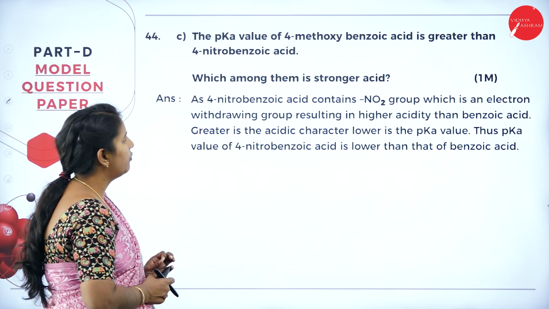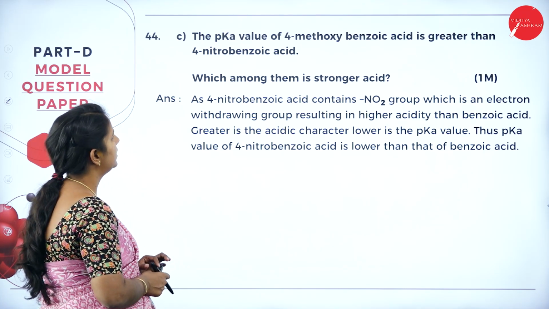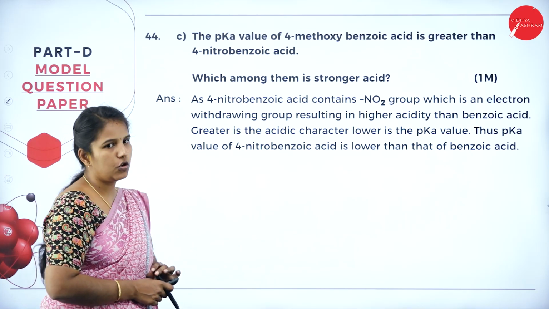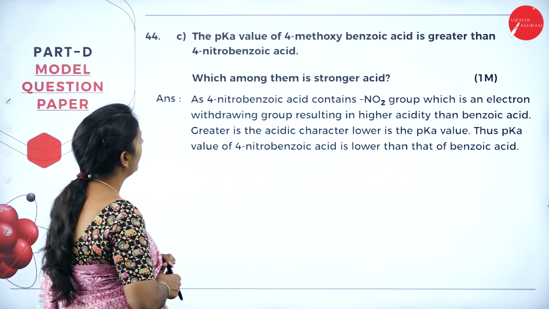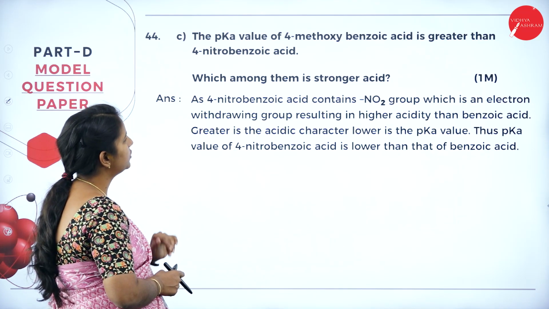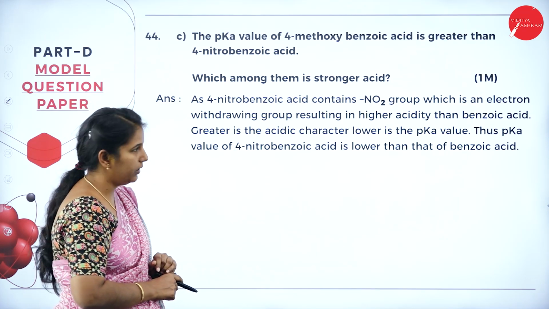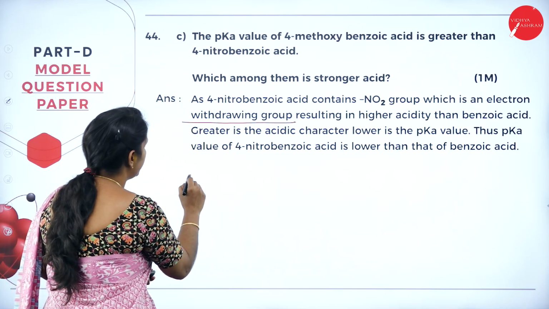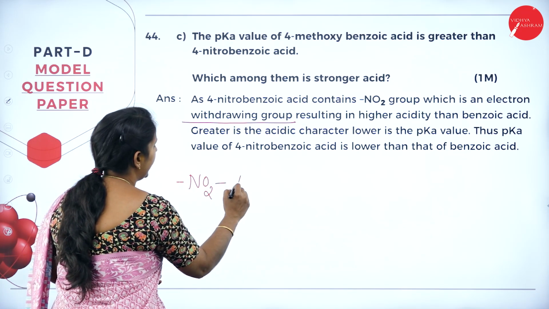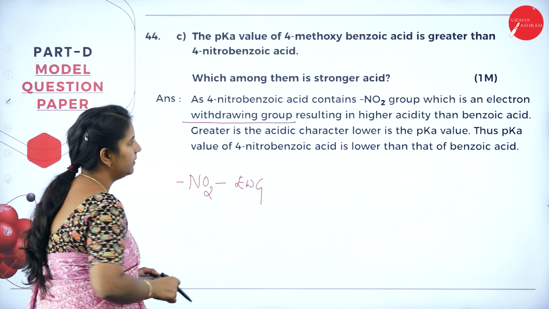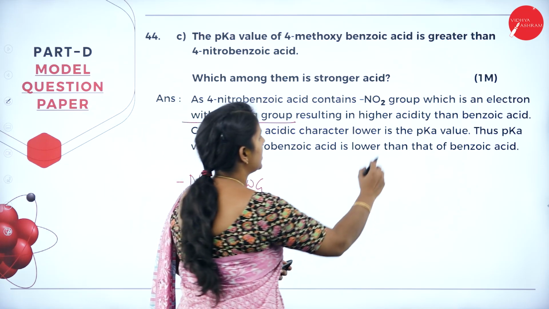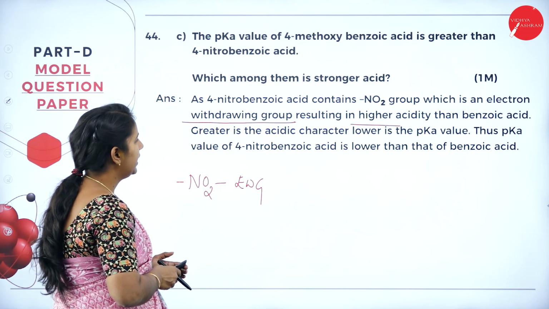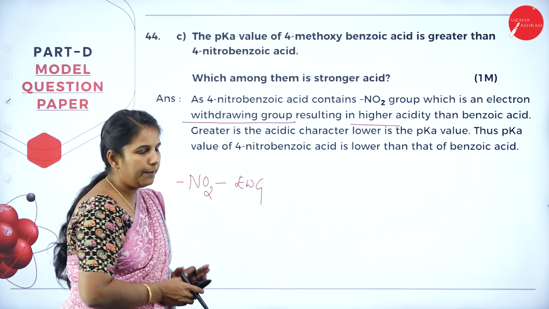The pKa value of 4-methoxybenzoic acid is greater than that of 4-nitrobenzoic acid. Which amongst them is a stronger acid? Okay. As we know, 4-nitrobenzoic acid contains a NO2 group, which is an electron withdrawing group, resulting in higher acidity than benzoic acid, and greater the acidic character, lower will be the pKa value.